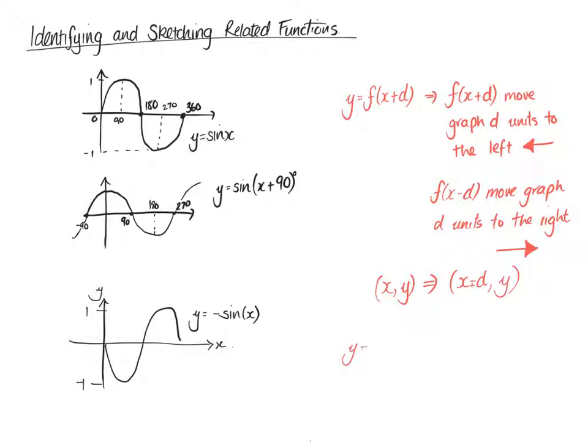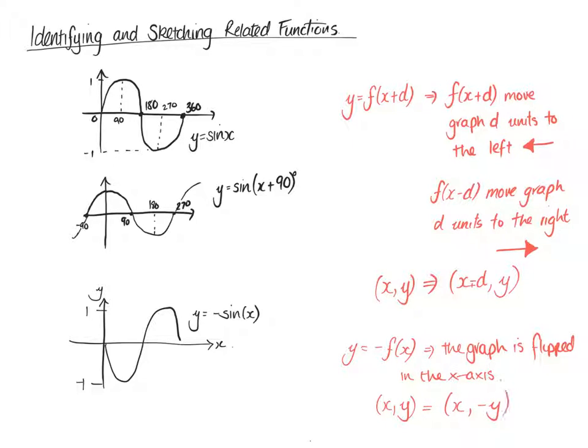So if you've got y equals the negative function of x, what happens is the graph is flipped in the x-axis. So the coordinates, your x and y, what happens is that your x coordinate stays the same, but your y coordinate becomes the negative of it, so it's just flipped it in that axis.